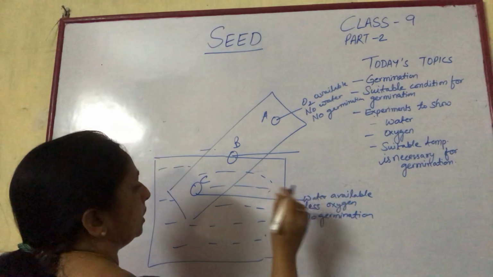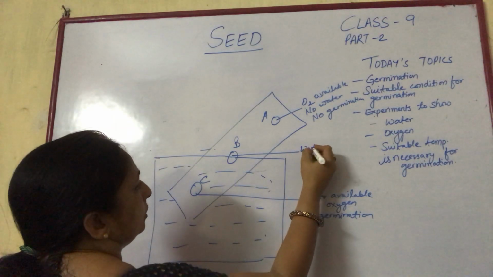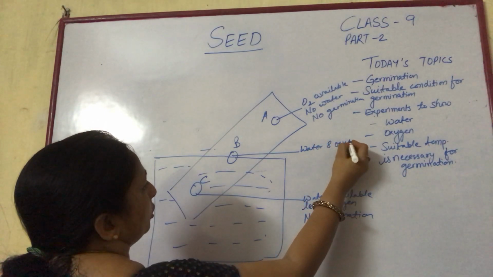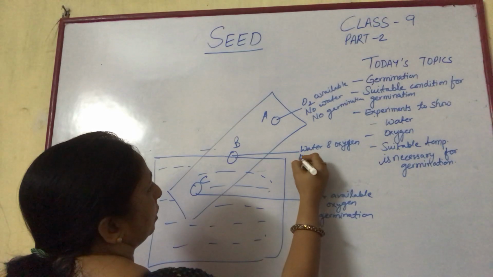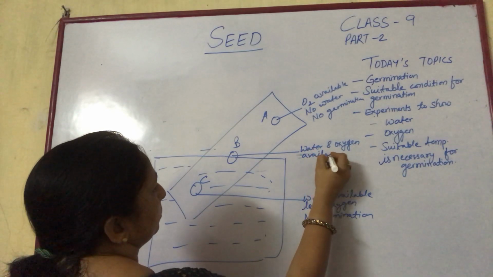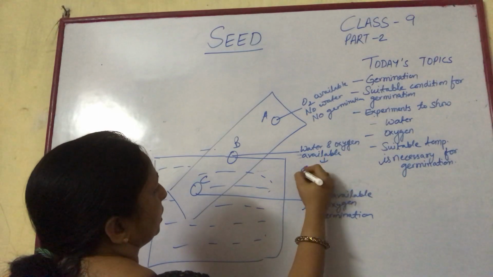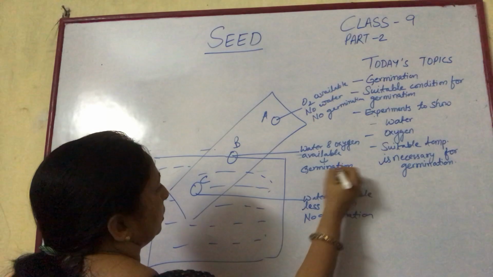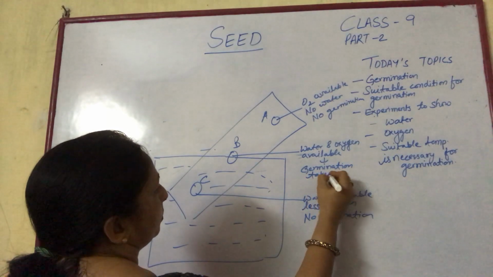For the middle seed, water as well as oxygen are both available, so germination takes place.